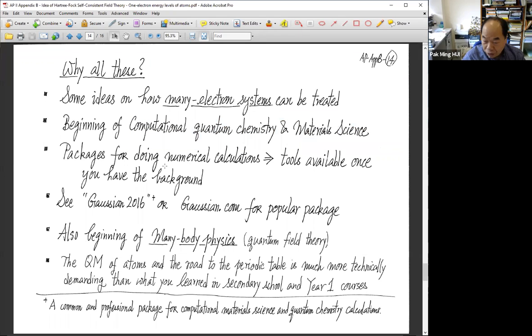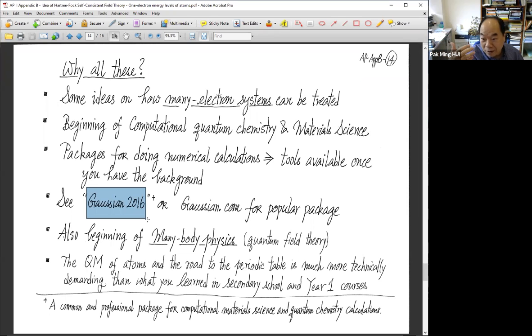There are packages that you can buy to do such calculations. A very popular one is called Gaussian, followed by the edition. It started from Gaussian 1993 or something, a very early edition. I think nowadays the latest edition may be 2016, okay? So you can buy one of these, not very expensive.